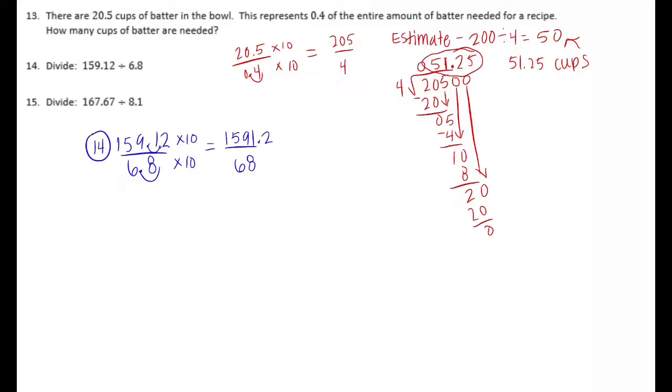So my estimate, I'm going to make that 1,600 and make that 80. So 16 divided by 8 is 2. Cancel those out. So my estimate is 20.